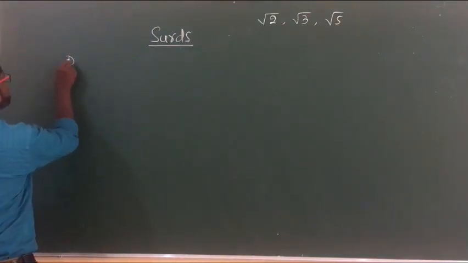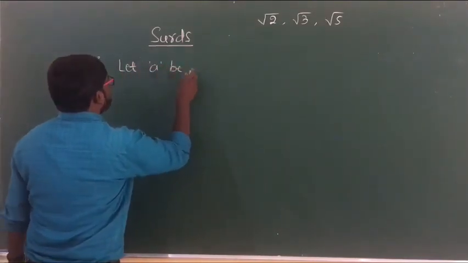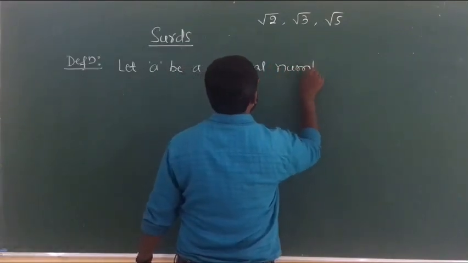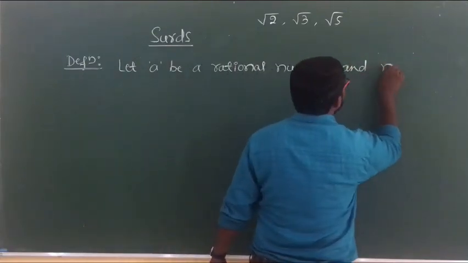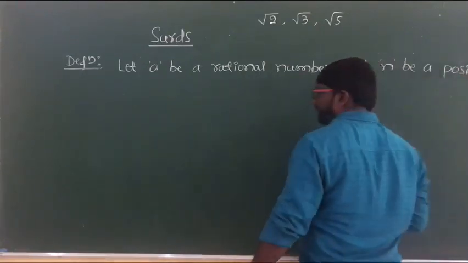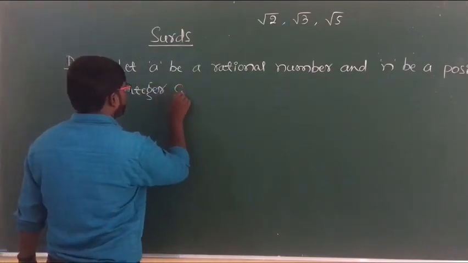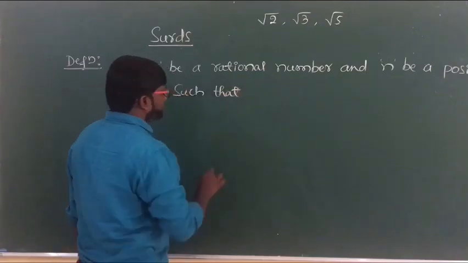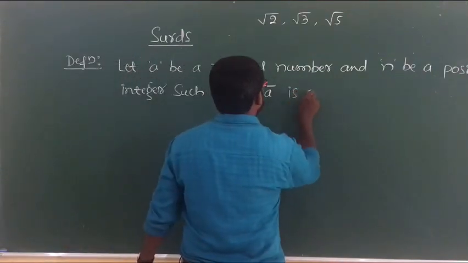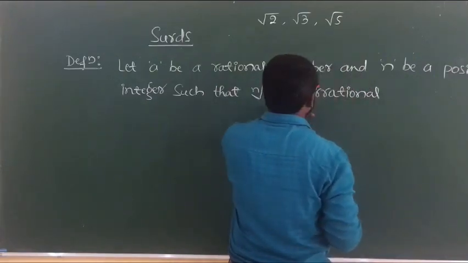So the definition of a surd is: let A be a rational number and n be a positive integer, such that nth root of A is irrational.